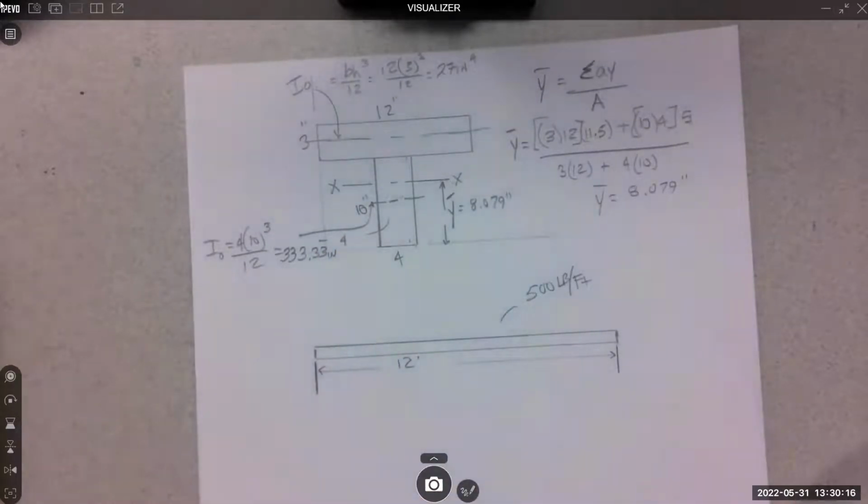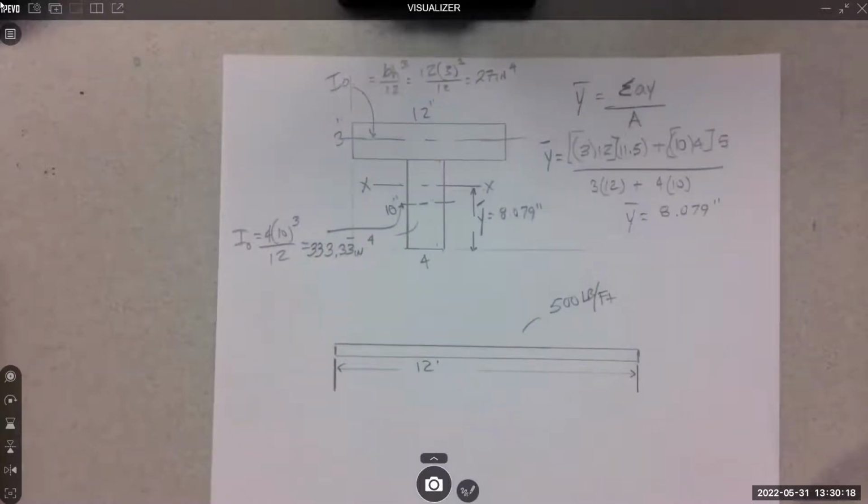All right, so those are those individual inertias. So that's step one when you're trying to find a complex inertia. You got to find the individuals first. Then you got to transfer it.